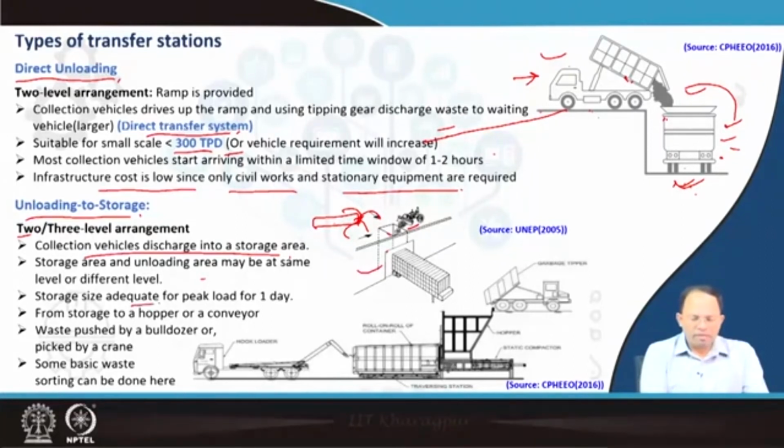Storage size is adequate for peak load for 1 day. So that means we have to provide some storage area for waste, and that has to take care of peak load for 1 day. Instead of directly putting it into the container, we can first put it into a hopper or a conveyor, and then as per the requirement, when the container or the vehicle returns after delivery, we can place the container, open the hopper or the conveyor, and then carry the garbage and load it into this particular vehicle.